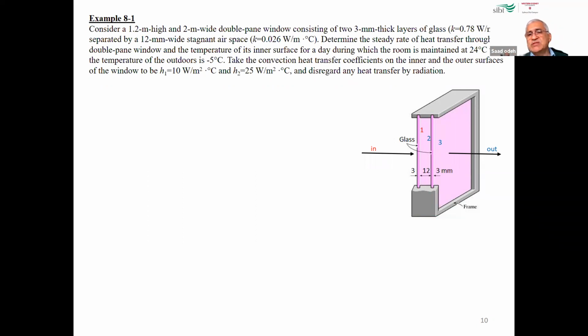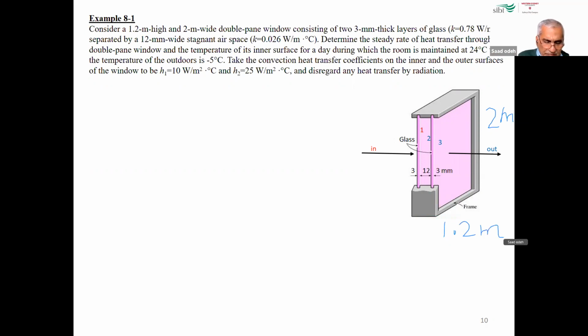So in this example, we're gonna use the Kahoot to solve it, but let's explain it to you now, and then we go to Kahoot and try to practice this more. So in this design, we have given the size of the window. So we have 2 meter height and 1.2 meter width.